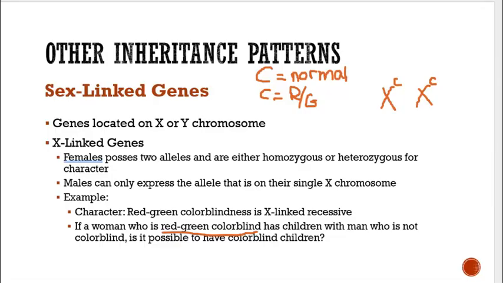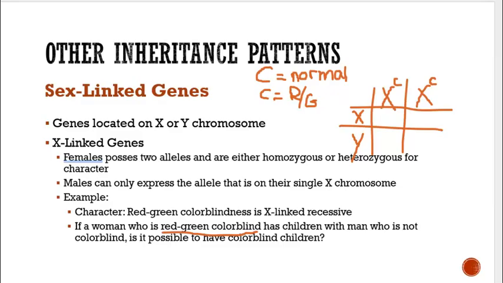Each X chromosome would have the allele for red-green colorblindness. If she had the dominant allele, then she would not be red-green colorblind. So we have her, and we've got a guy. What does Dad have here? We have a man who is not colorblind. So for the man, we're going to put the X chromosome, and then we're going to write the Y chromosome.